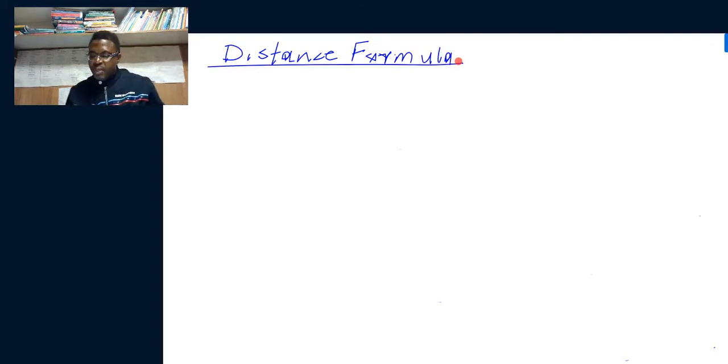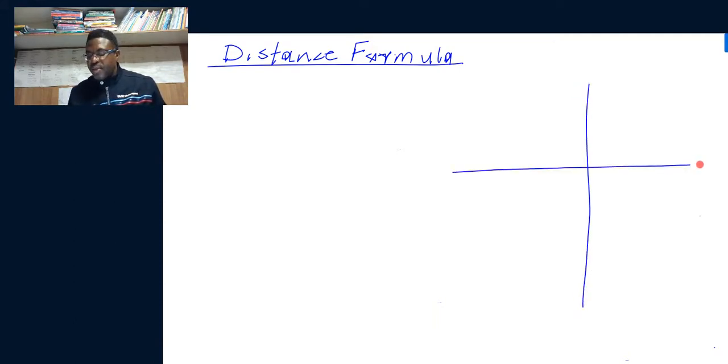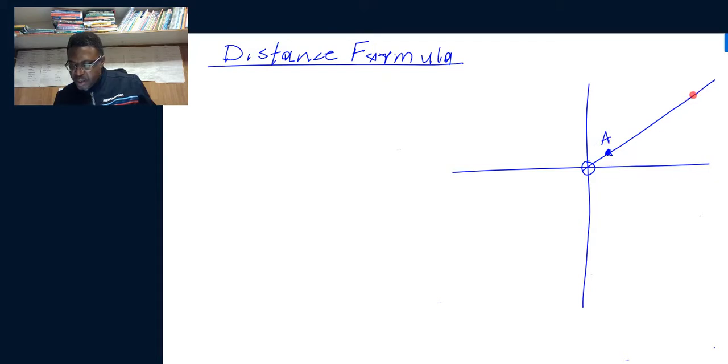Distance formula. We're always working with graphs here. So we have point A, we have point B.